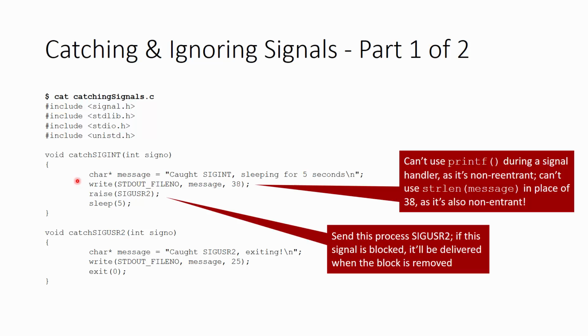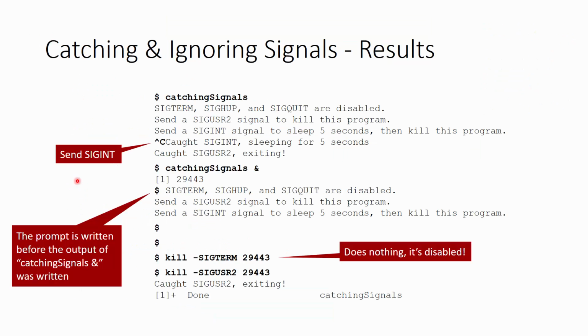Let's look at the actual results of running this. Here is our program catching signals that we looked at before, and at the beginning it tells us that it has disabled all those signal types. It informs the user how to kill it off, either with SIGUSR2 immediately or SIGINT, which takes 5 seconds. Then let's look at what happens when we send a control-C.